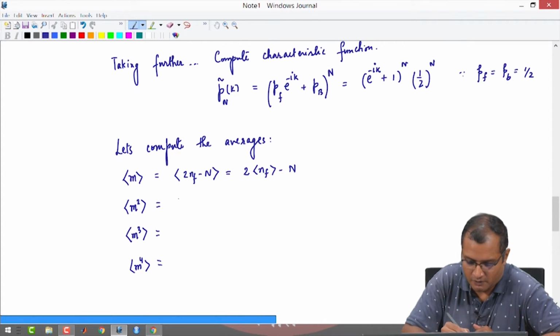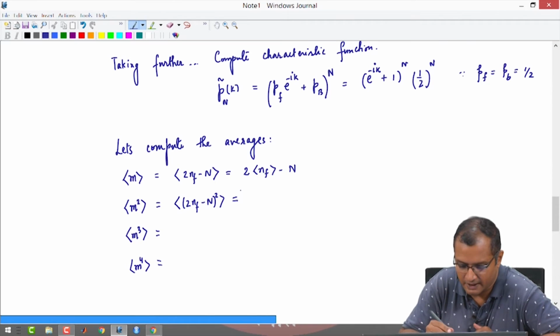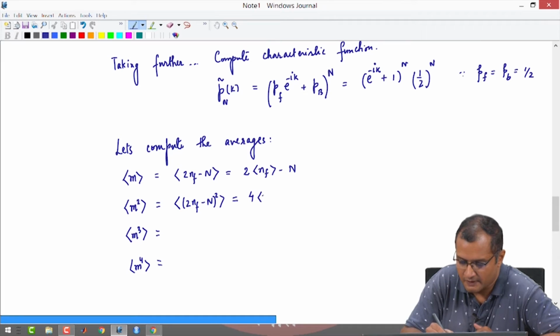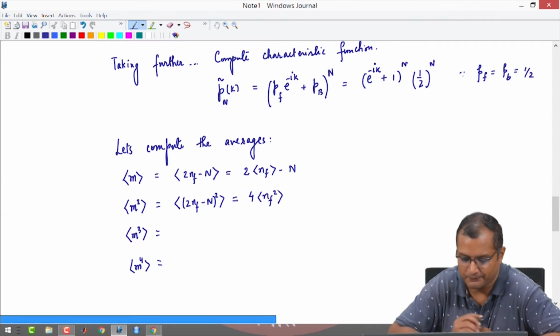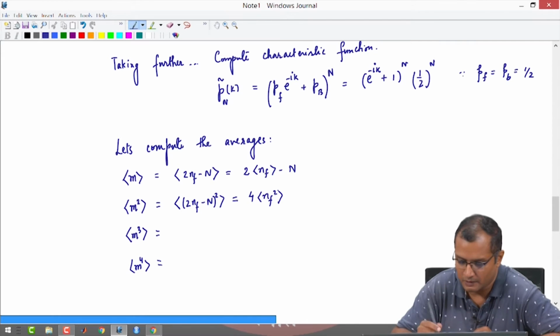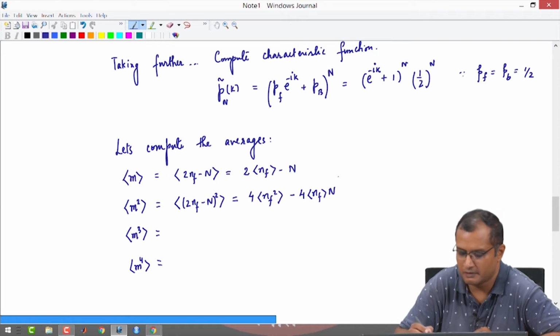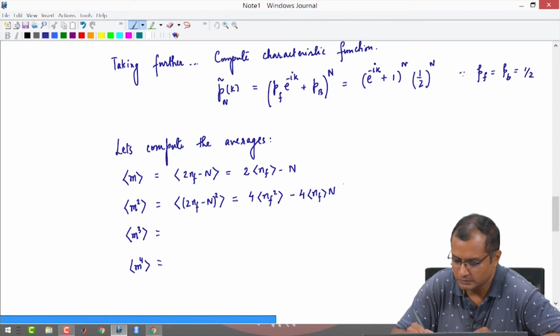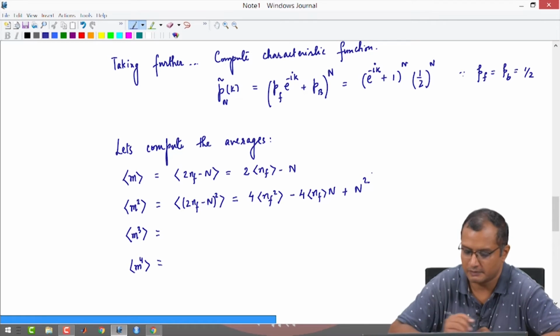Right. So, now you can also compute m square as twice nf minus n the whole square, which is, if you open the brackets, what you get is basically 4 times nf square minus 4 nf into n plus n square. Okay.